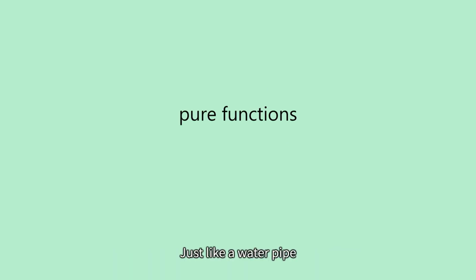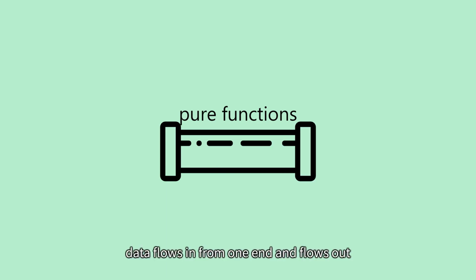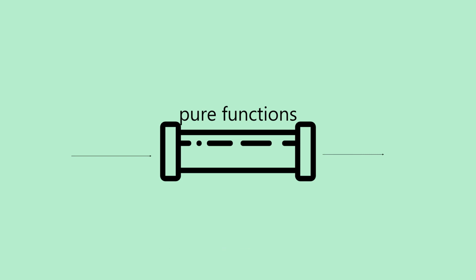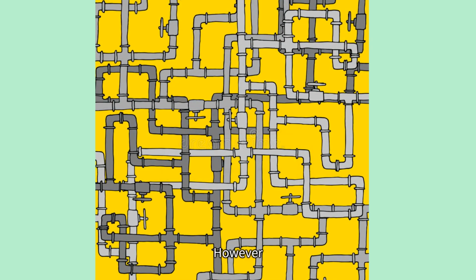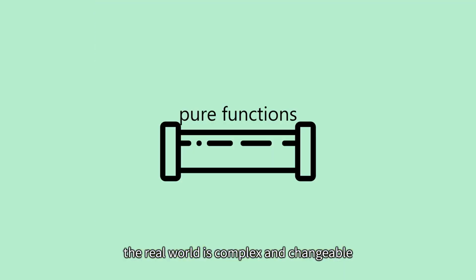also have similar mechanisms. Pure functions are the basic unit of functional programming, just like a water pipe. Data flows in from one end and flows out from the other end, without staying there and without any side effects. Then, no matter how complex the module is, you only need to combine multiple functions like water pipes.